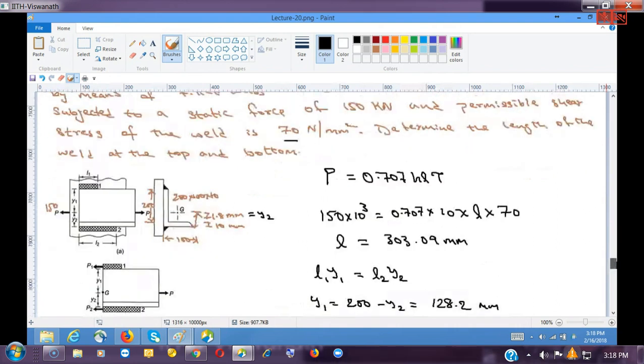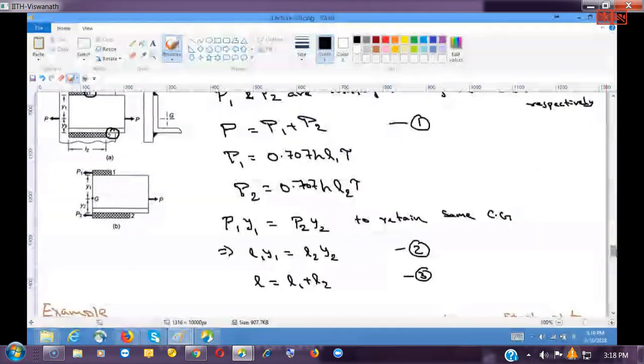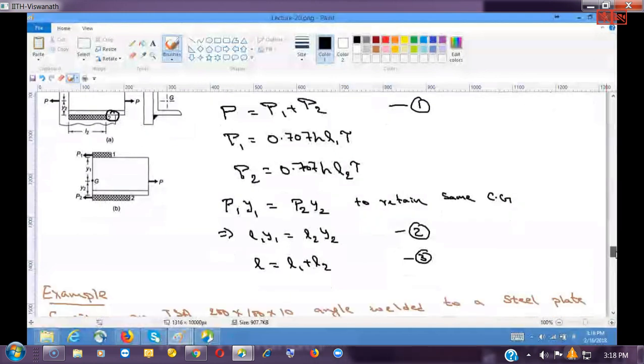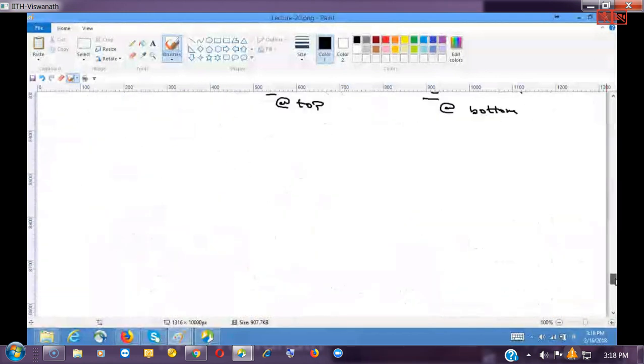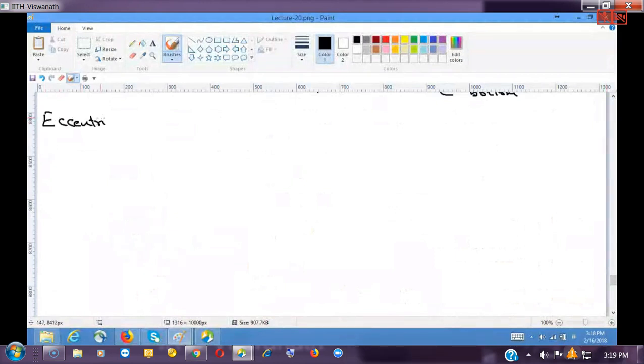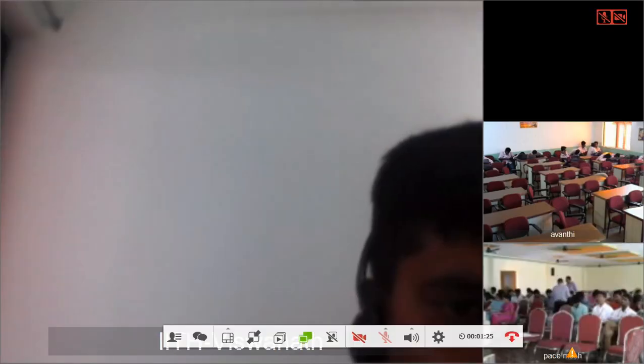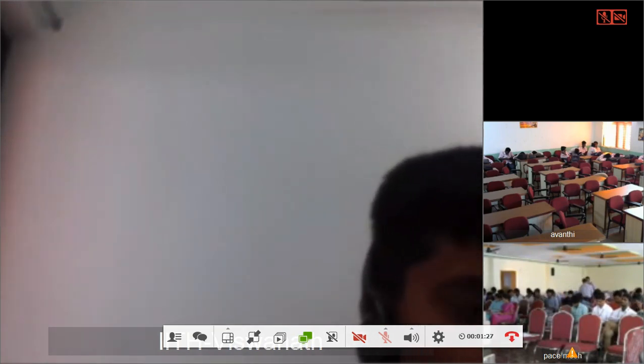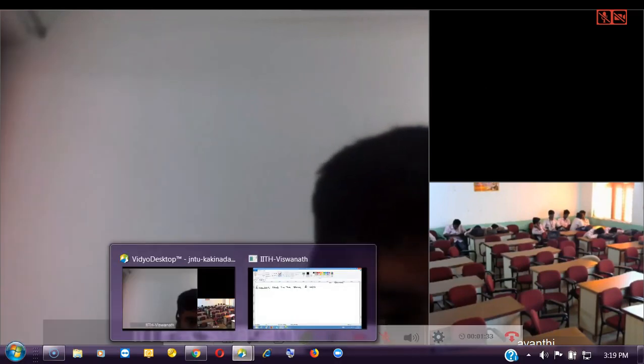The next one we will talk about is the eccentric loads in the plane of weld. So for this case, we will show how it generally looks like.